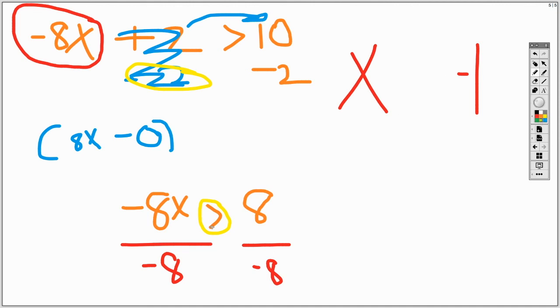Right now there are 2 points here. We want 1 point facing x. So if 1 point is here and 2 points here, that makes a less than sign, like this. Basically, you just flip the sign if you encounter a negative x while solving inequalities.